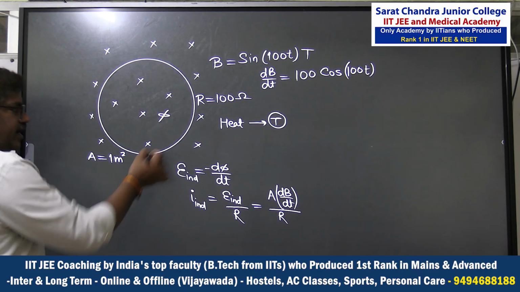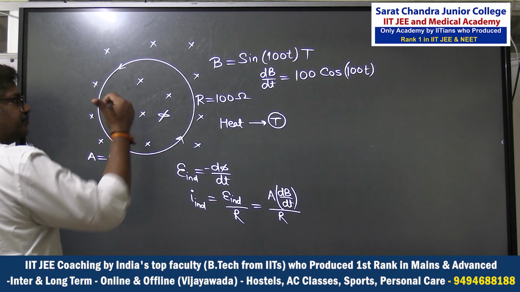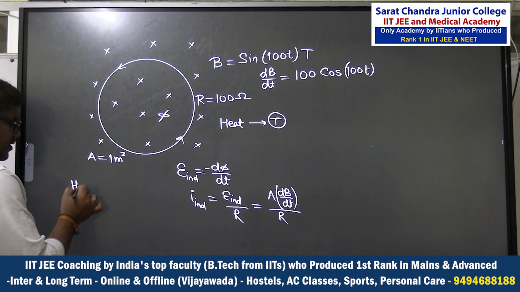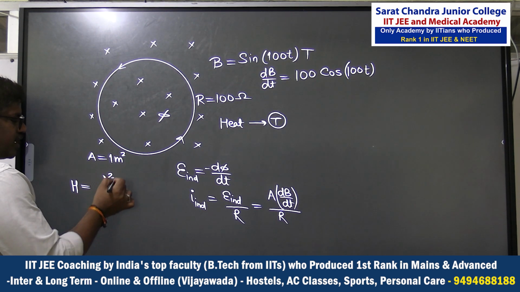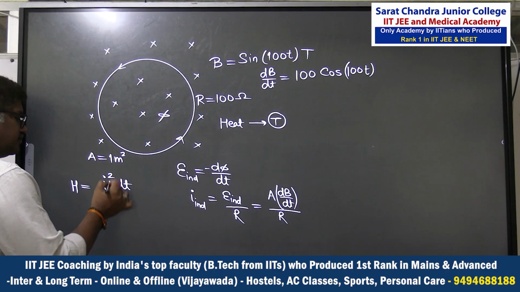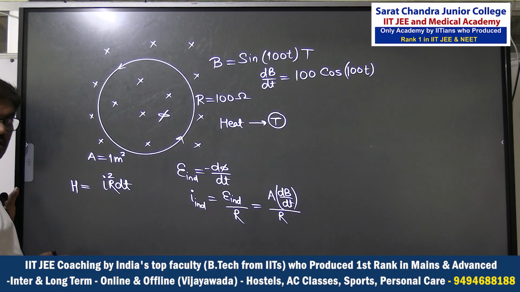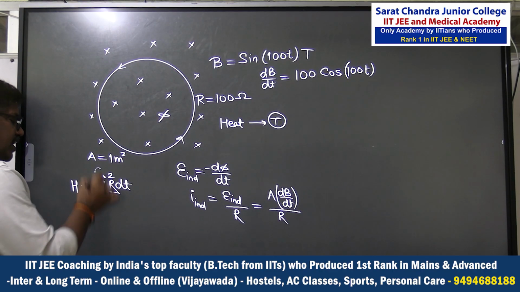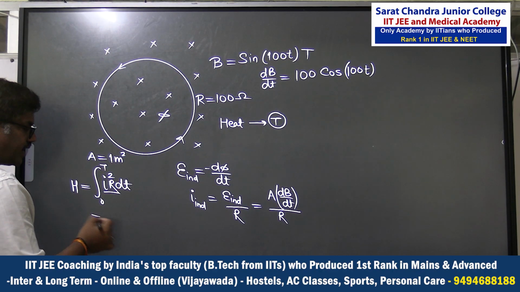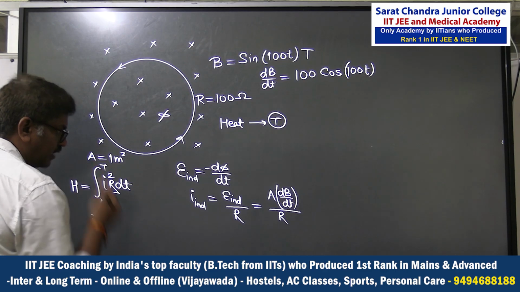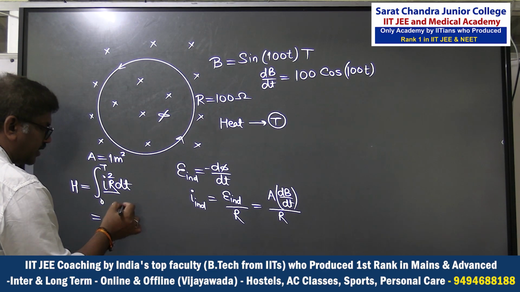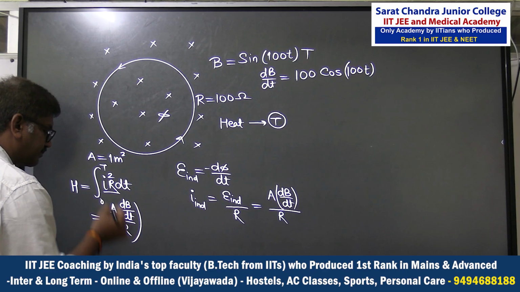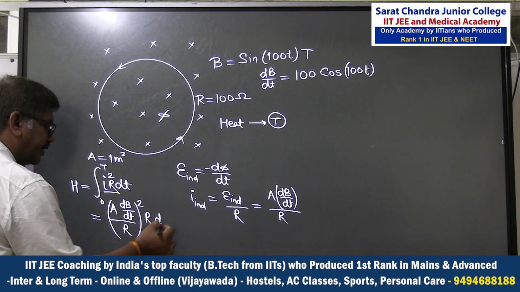So this current which is flowing in this circuit will be producing heat. For the heat, it is I square into R into dt. I square R is the power into dt, and since they are asking for one cycle, 0 to t, this value will be A into dB by dt by R whole square into R into dt.